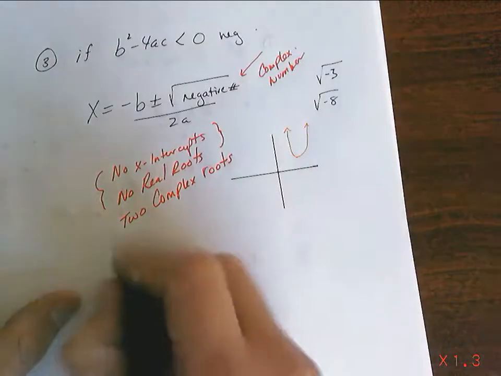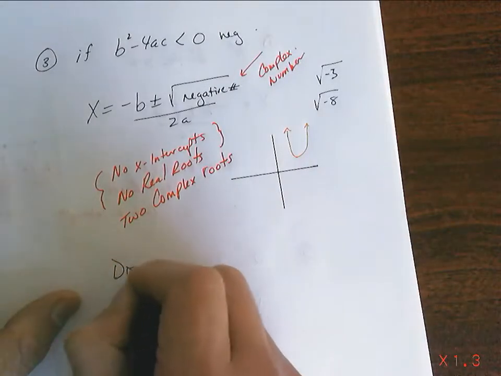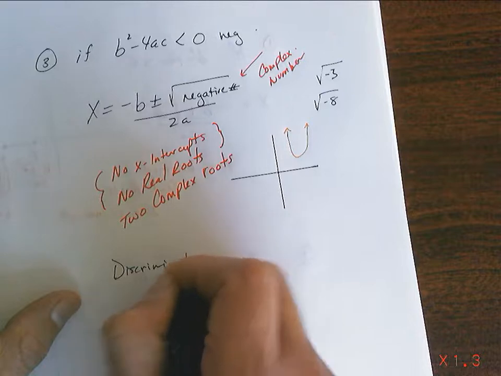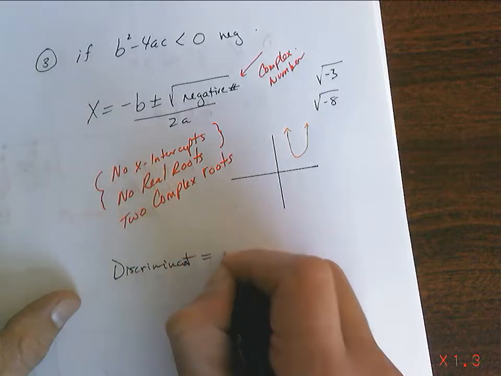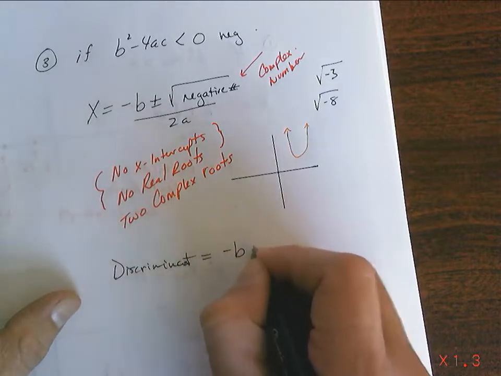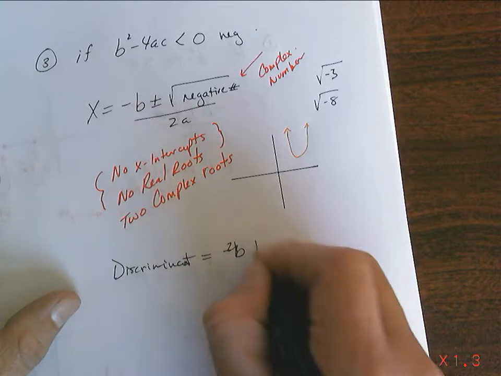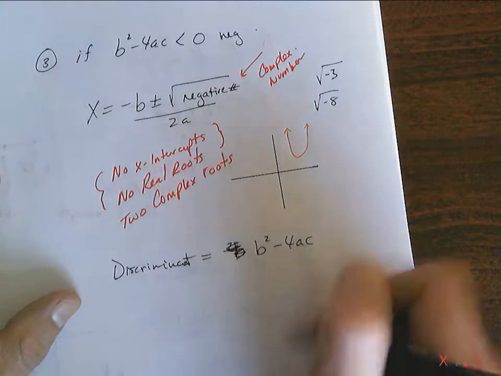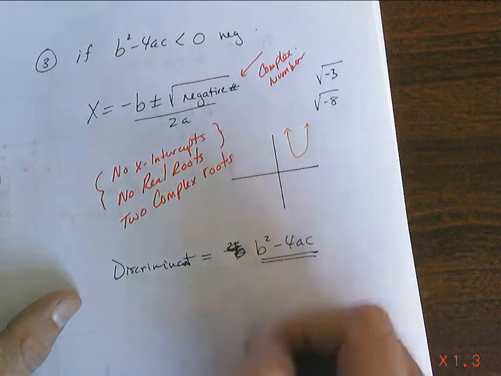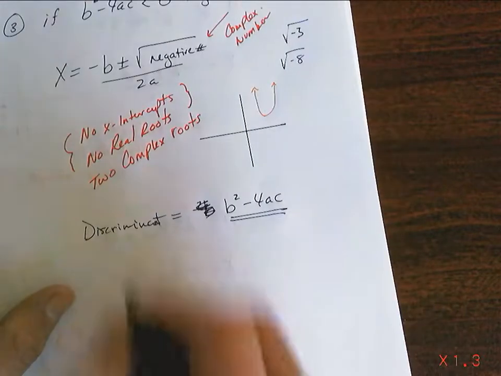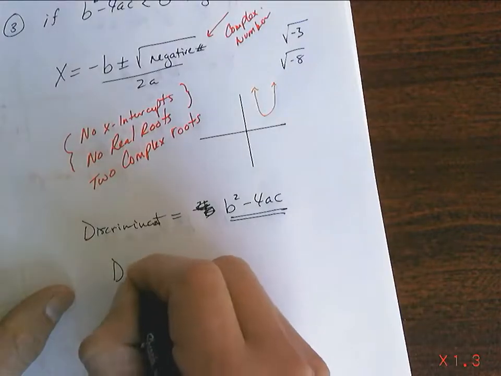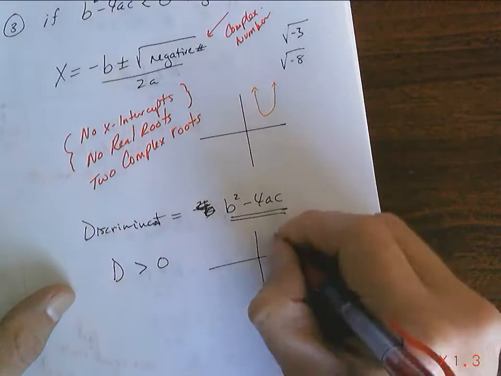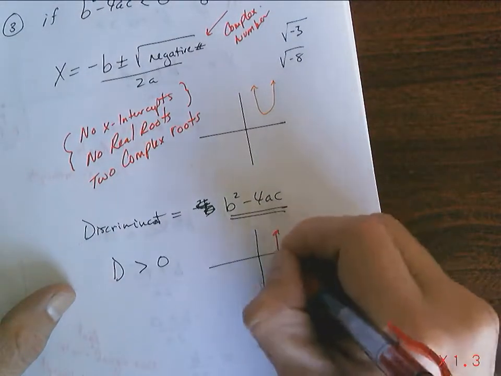So once again, your discriminant is b squared minus 4ac, just that value. You don't need the square root sign. It's just this value that I'm interested in. If your discriminant is greater than 0, you're going to have a quadratic that has two x-intercepts.